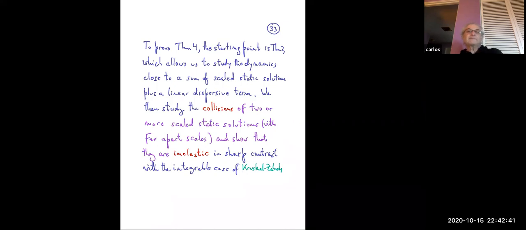Because of that, by going along this well-chosen sequence of times, we can start in the proof of theorem 2 by studying the dynamics close to a sum of scaled static solutions plus a linear dispersive term, because that's what the decomposition for this well-chosen sequence of times gives us eventually.